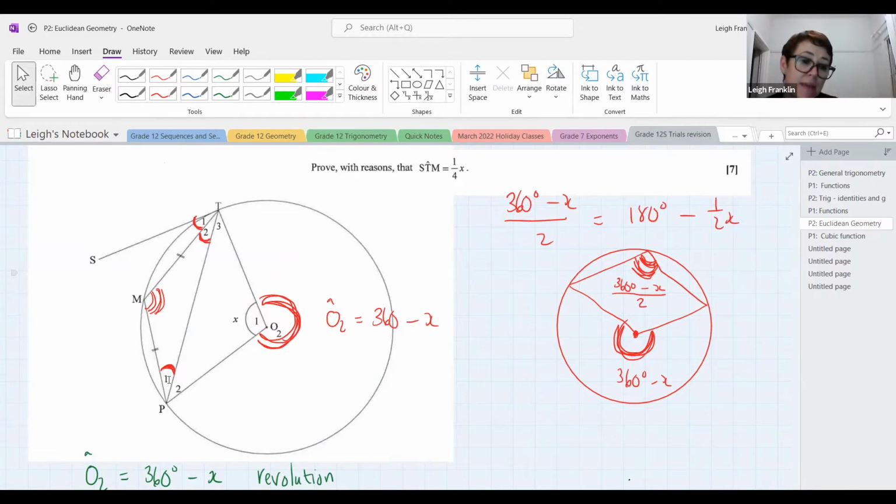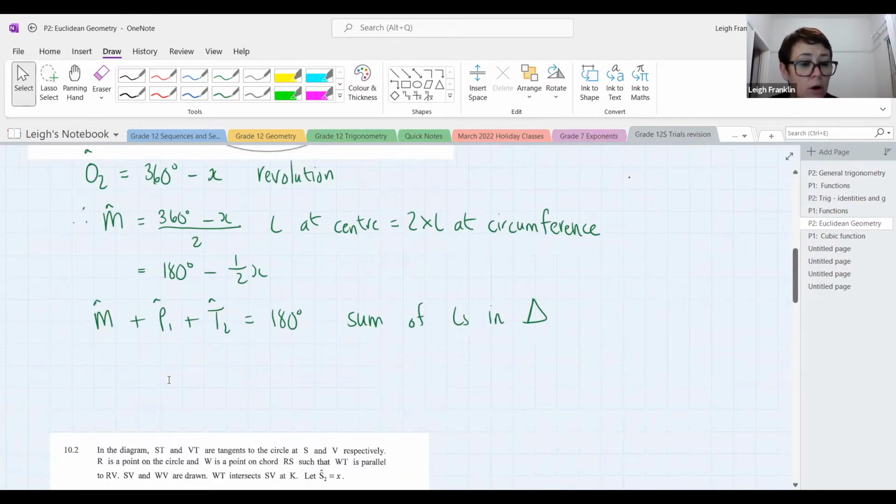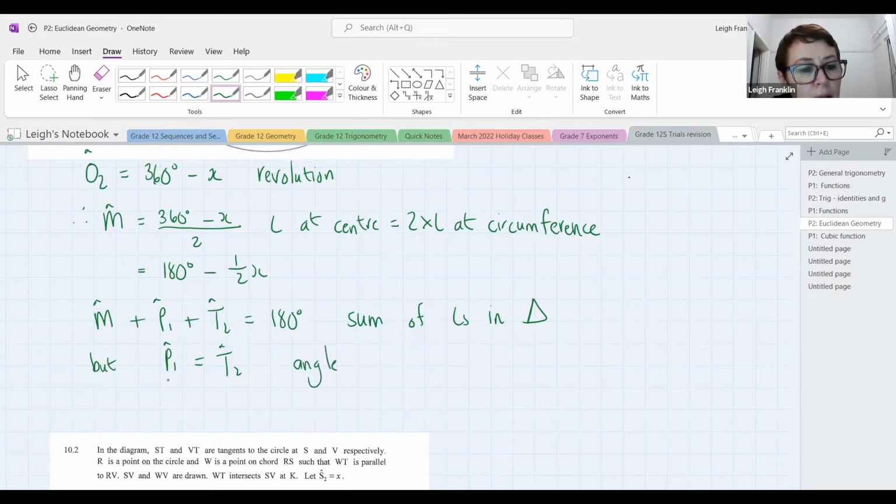But remember, P1 and T2 are equal to one another. P1 equals T2, and we were told earlier that the reason for that was because they are angles opposite equal sides.